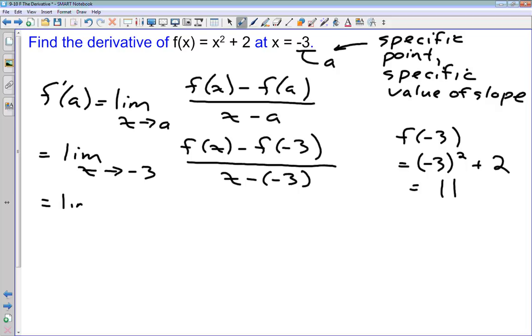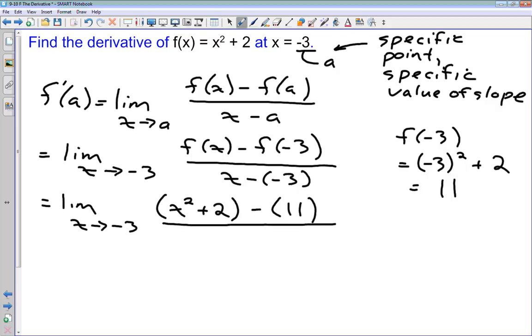So we want the limit as x goes to -3 of our function, f at x is x squared plus 2, minus, we just figured out that f at -3 was 11. And down in the denominator, we have x minus -3, which is just x plus 3.